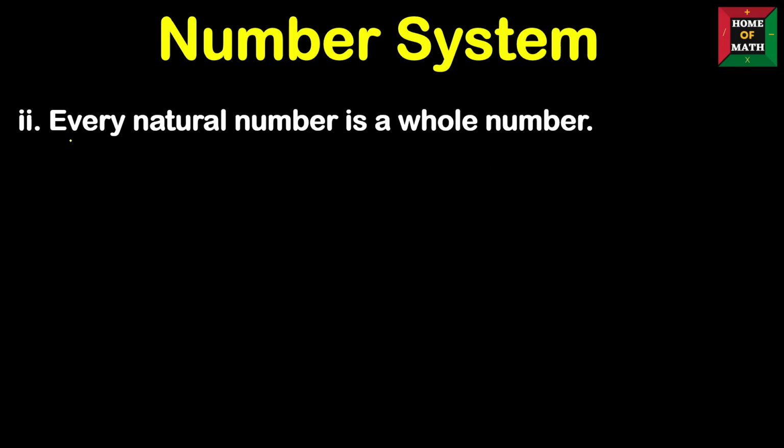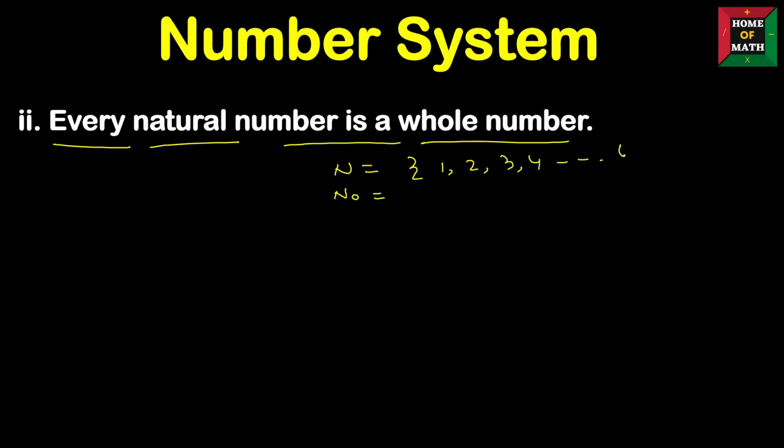Question 2: every natural number is a whole number. So first we have to know about natural numbers and whole numbers. Natural numbers are 1, 2, 3, 4 dot dot dot, and whole numbers are also 1, 2, 3, 4 dot dot dot, but we also include 0.